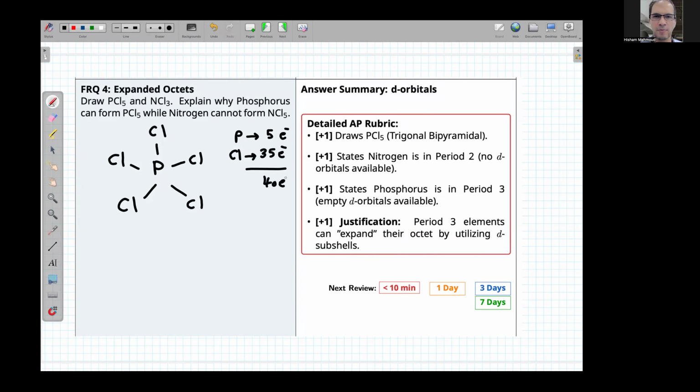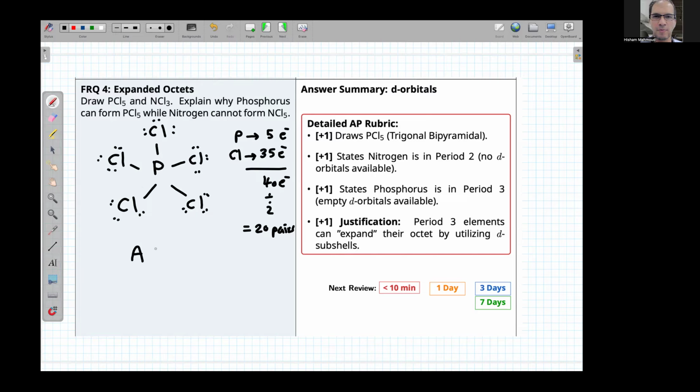So I have 40 electrons in total. 40 electrons divided by 2 is equal to 20 pairs of electrons. This is the first pair, second, 3, 4, up to 20, and there is no need for any lone pairs.